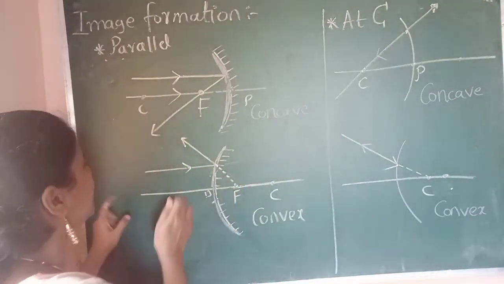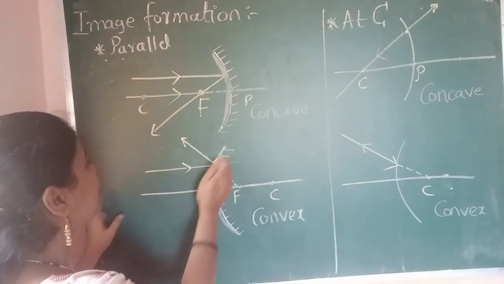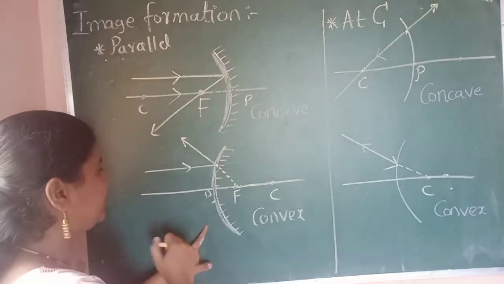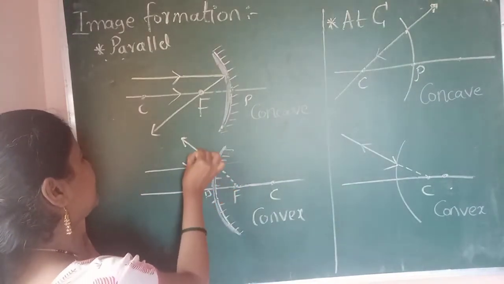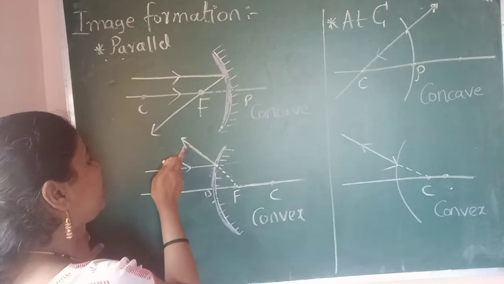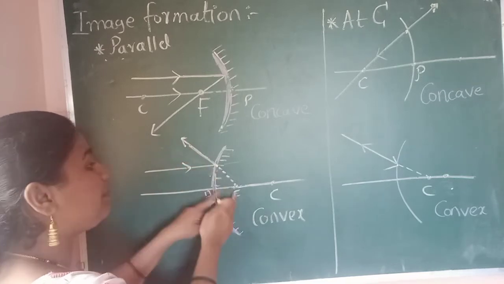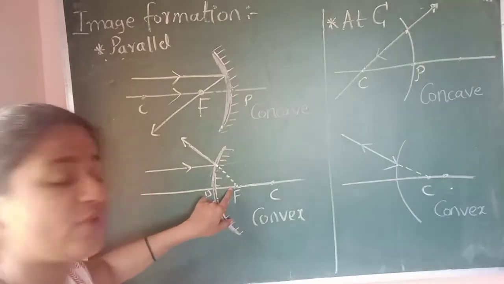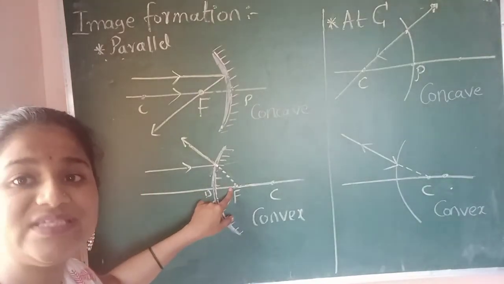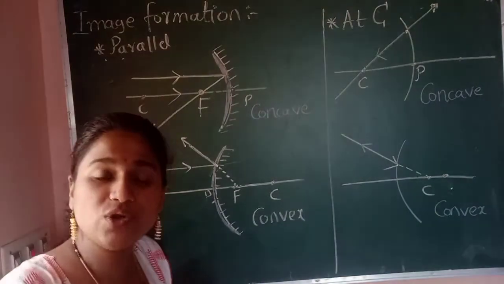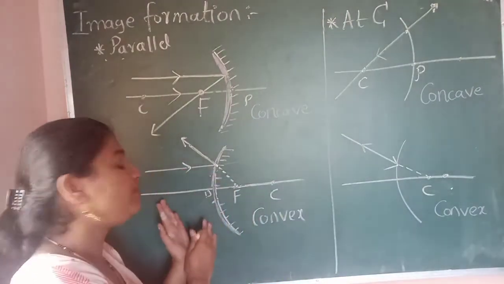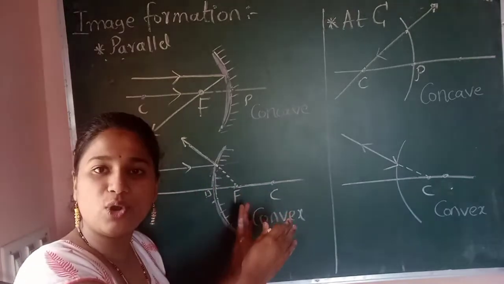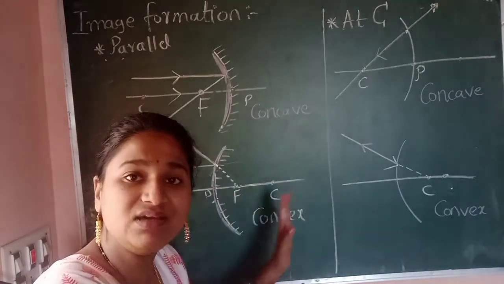So this is the case of a concave mirror, when a parallel beam of light is incident. Now when a parallel beam of light is incident on a convex mirror, this is the reflected ray. The reflected ray is not actually coming from there, it appears to come from the focus of the convex mirror. We know that the focus of a convex mirror will be behind the mirror.